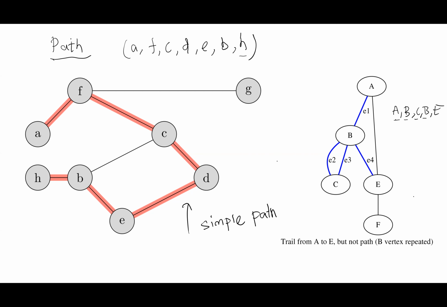But we are visiting a single vertex B twice. So in that case, it's not a simple path. For a path to become a simple path, none of the vertices should be repeated. So this is a path, but this is not a simple path.